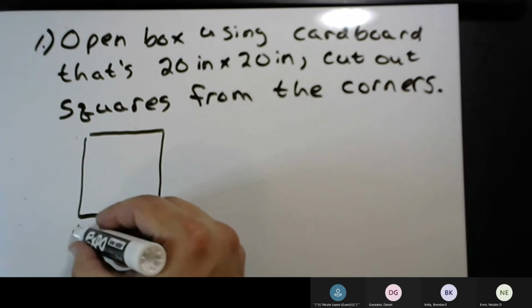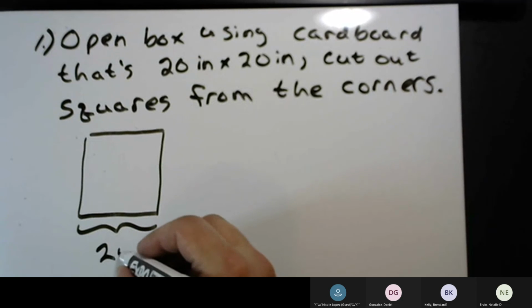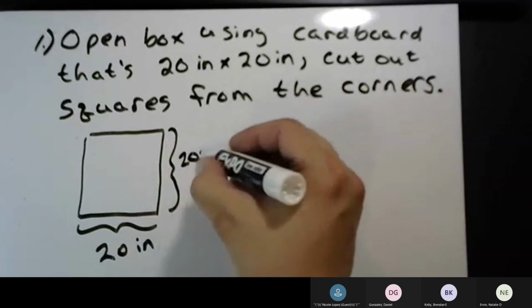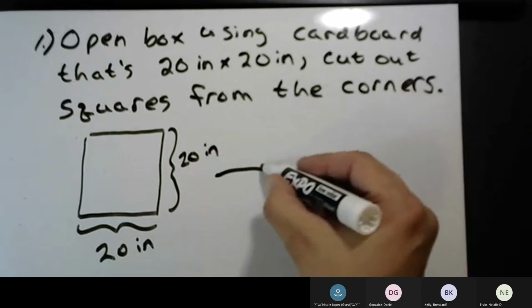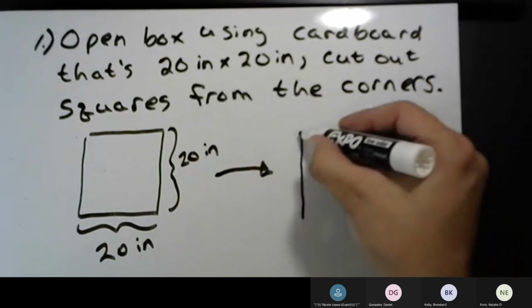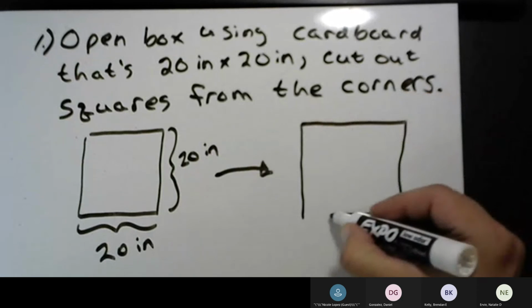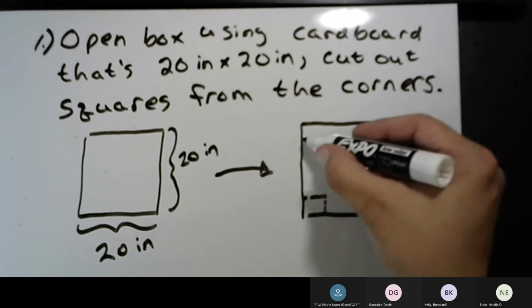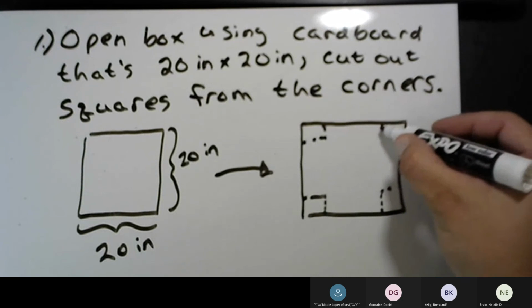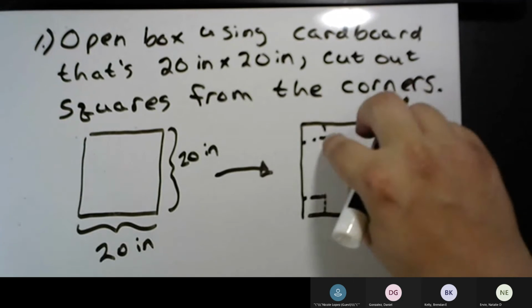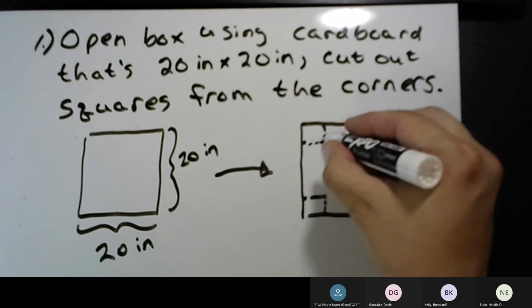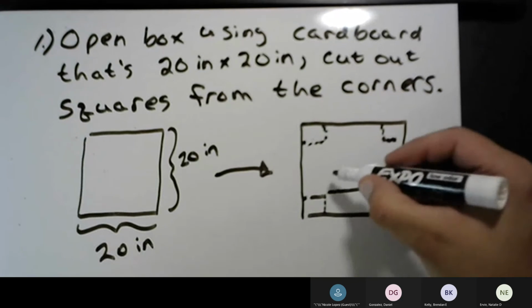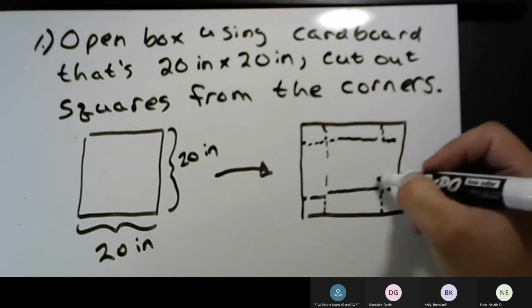We'll take our 20 by 20 and cut out squares, and then you'll fold it along these lines here.